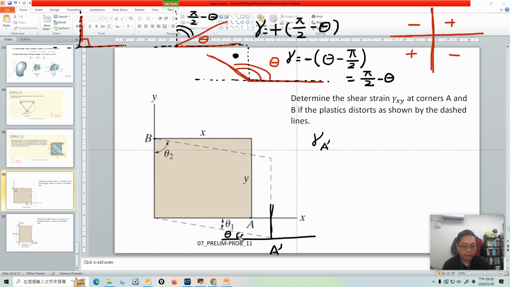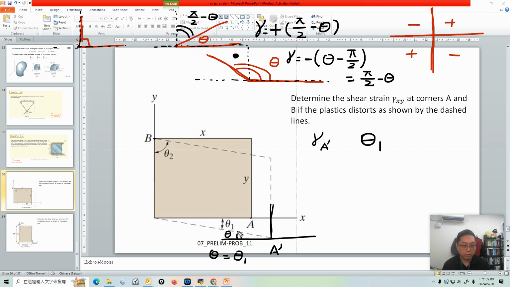So what is theta? Because these two lines are parallel to each other, this theta is equal to this theta 1. So the shear strain at A is actually theta 1.